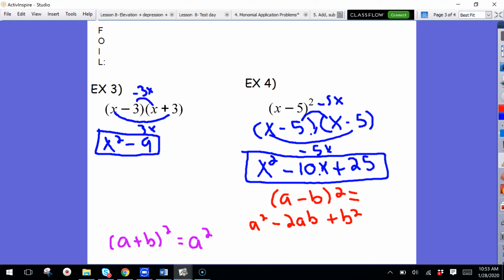The middle term is going to be a times b twice, so you get 2ab, plus b squared. So that's a shortcut way to get to the trinomial right away when you have something being squared by itself.